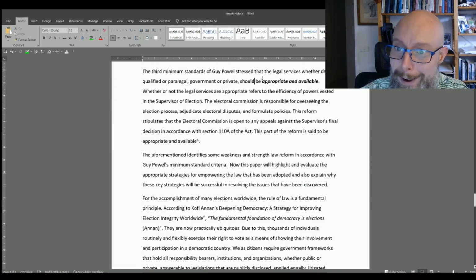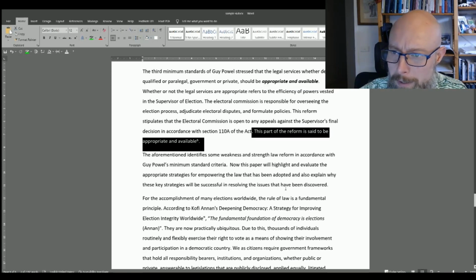Stressed. I'm stressed. Appropriate and available. Efficiency of powers. So the Electoral Commission is responsible for overseeing these, and the Electoral Commission should do this, and this is appropriate and available. But this identifies weaknesses and strengths. Now okay, so we've just run on.